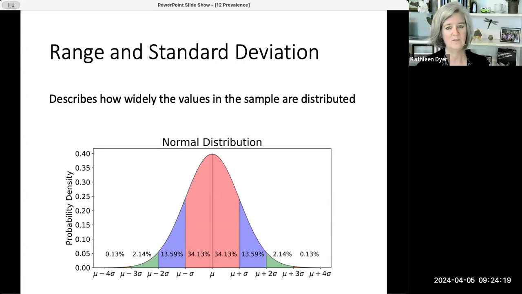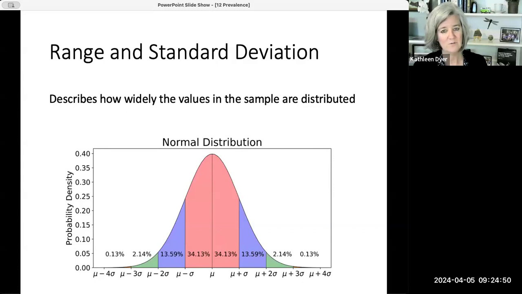So if I tell you what the average score is, let's say on the test it's 75, and I say there's a standard deviation of 5 points, then you know that 68% of the population scored between 70%, because that's 75 minus 5, and 80% because that's 75 plus 5. And you know that 68% of the population falls within those two scores. That's how a standard deviation works.